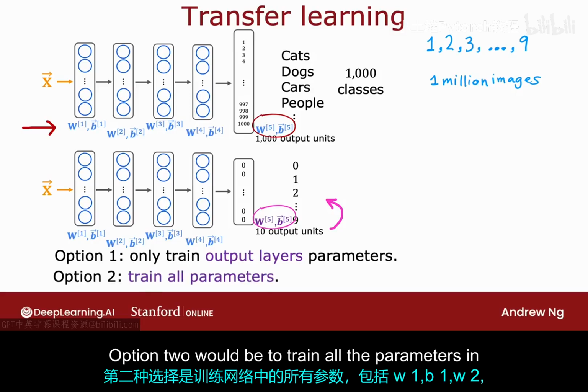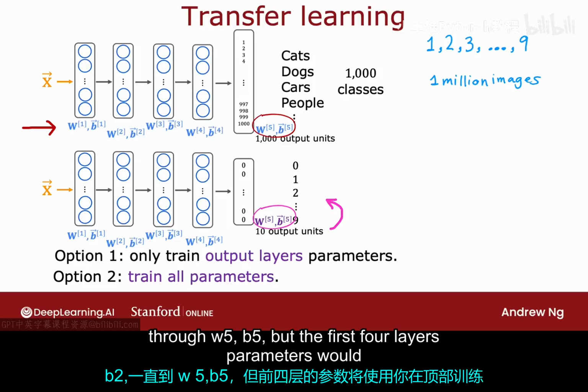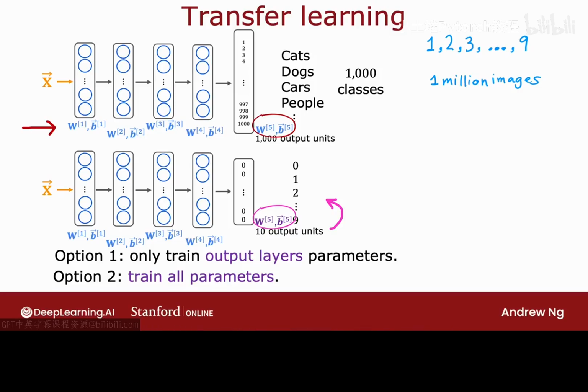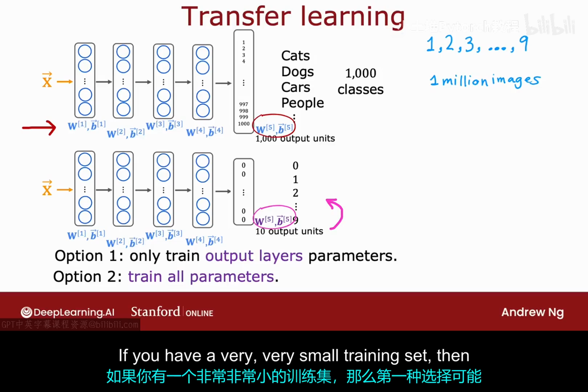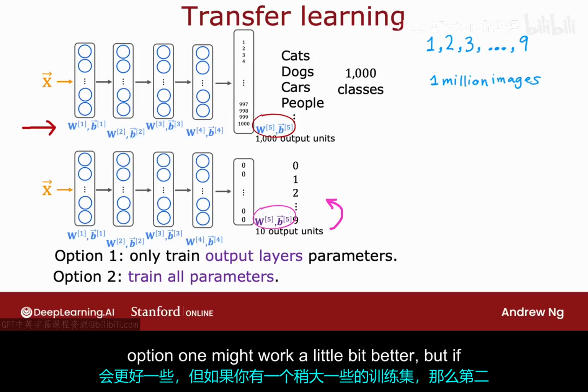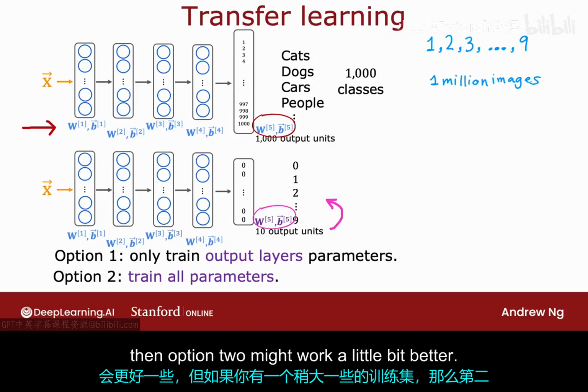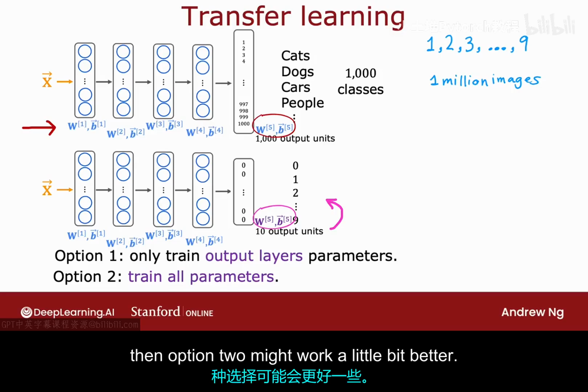Option 2 would be to train all the parameters in the network, including W1, B1, W2, B2, all the way through W5, B5. But the first 4 layers' parameters would be initialized using the values that you had trained on top. If you have a very, very small training set, then option 1 might work a little bit better. But if you have a training set that's a little bit larger, then option 2 might work a little bit better.